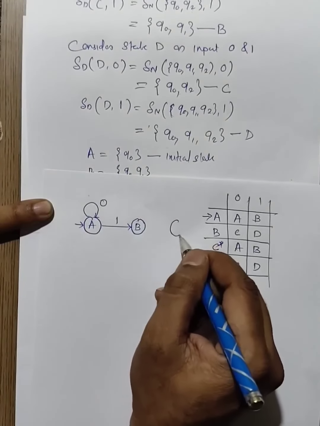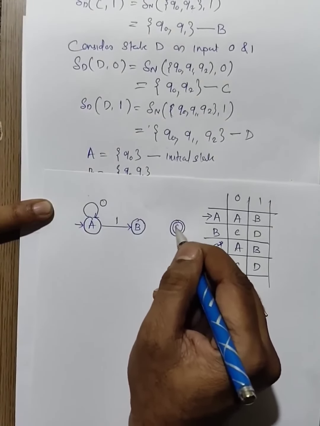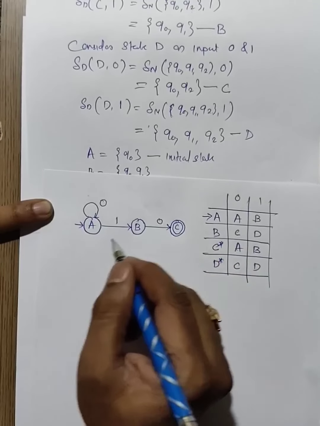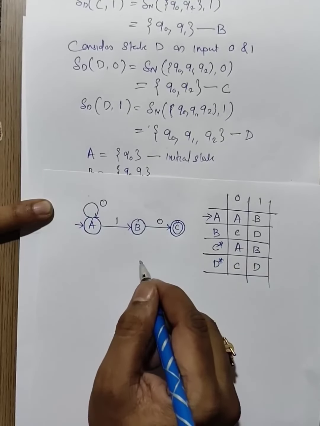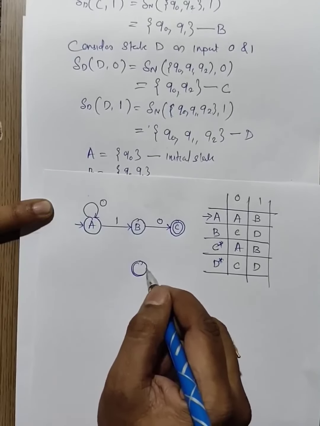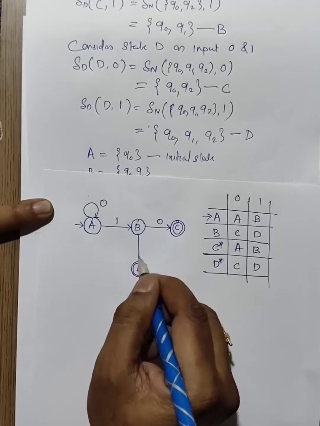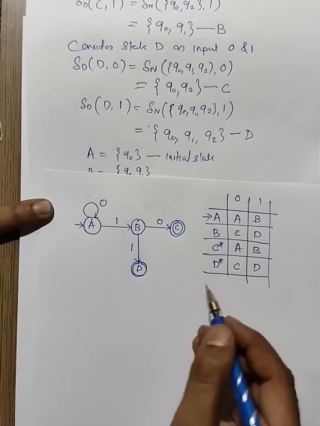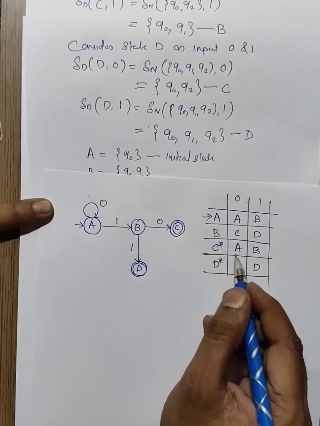Then B to C on 0, and C is a final state. B to D on 1, and D is a final state.